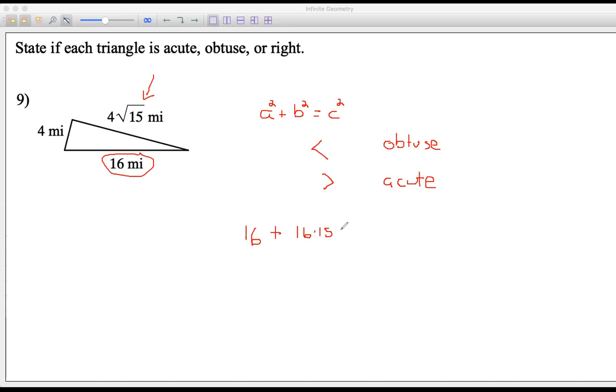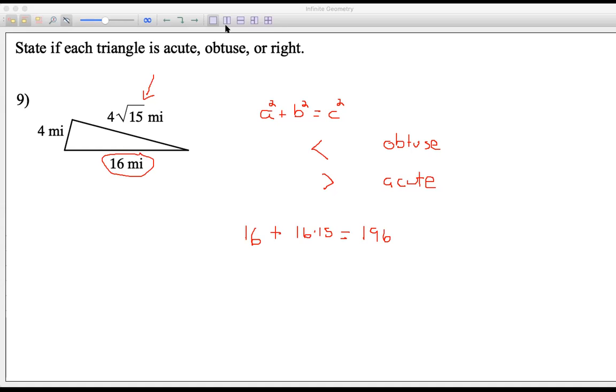And 16 squared is, is it 169, 196? 196. 156.